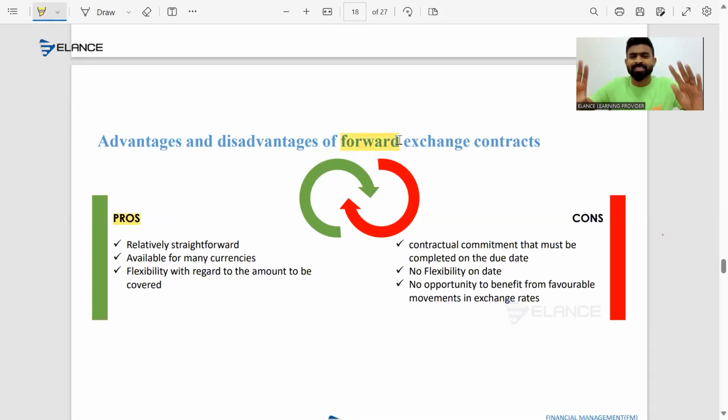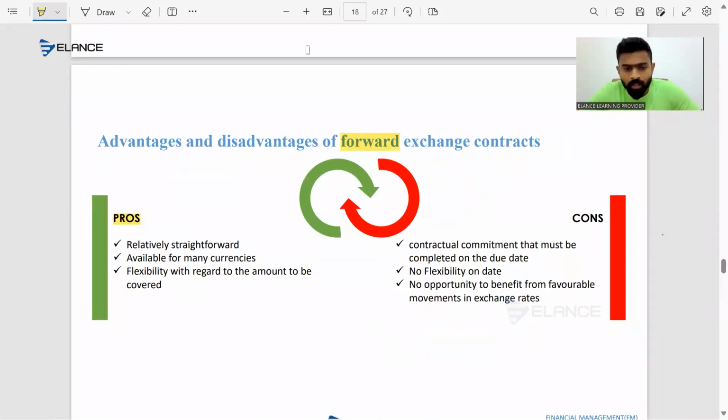This is the last slide we are going to discuss before question practice. After discussing all these points, we'll definitely be able to solve a good number of theoretical questions. Are you ready for this? Learning these 6 points, we are super good to practice theoretical questions. See, these are the advantages and disadvantages of which contract?